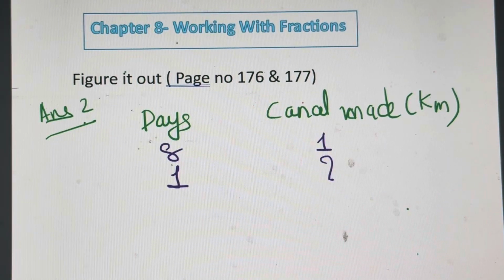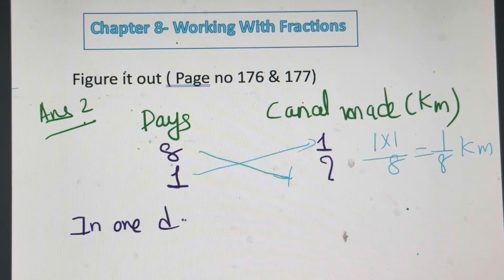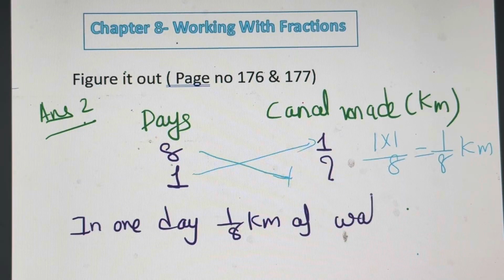Now you see here, if we do cross multiplication, 1 into 1 is 1, divide by 8, right? So now you understand that it is division. So 1 upon 8 kilometer, right? So in 1 day, 1 upon 8 kilometer of water canal can be made.